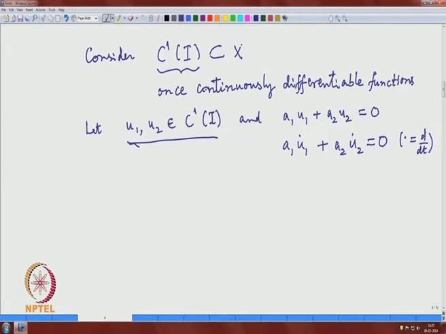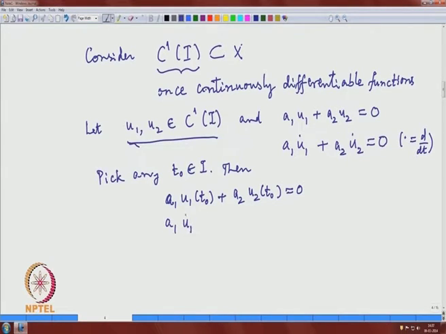Okay. Now, you fix one T0, pick any T0 in I, then we have A1 U1(T0) plus A2 U2(T0) equal to 0, and A1 U1 dot (T0) plus A2 U2 dot (T0) equal to 0.